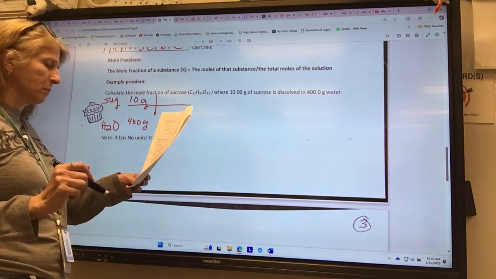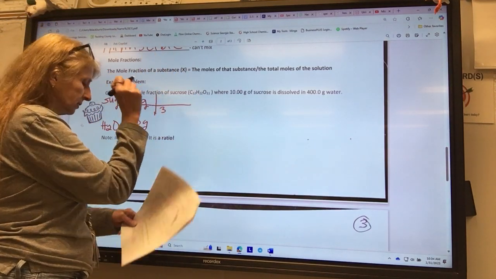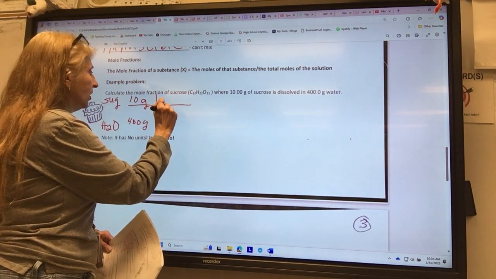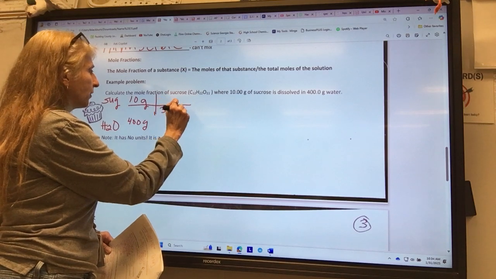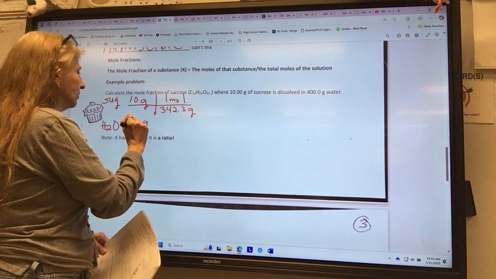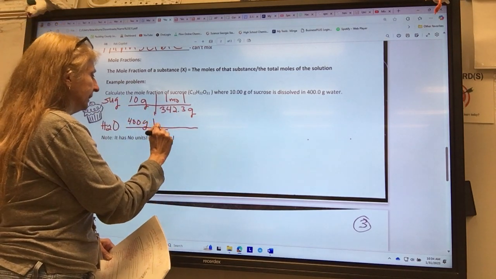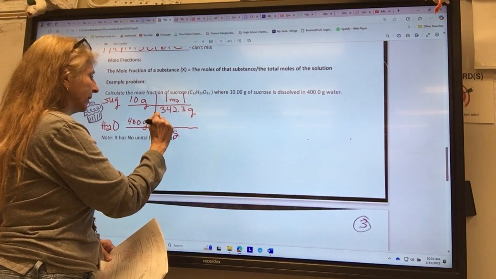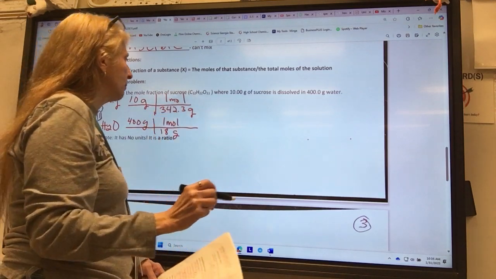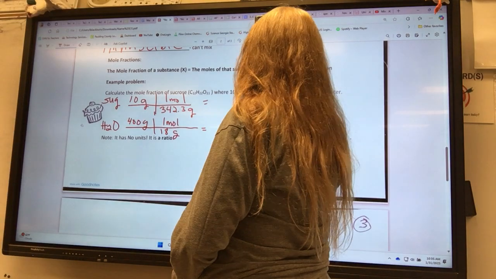We have to look up the molar mass off the periodic table, and sucrose is 342.3 grams per mole. And for water it is 18. You just add up the decimal numbers off the periodic table and multiply by the subscripts.